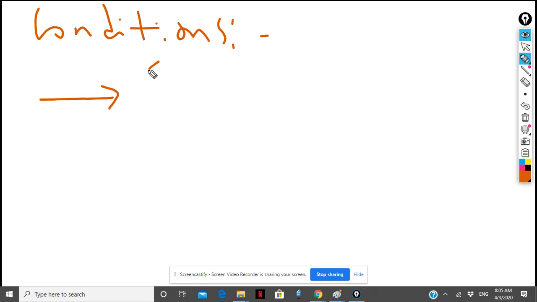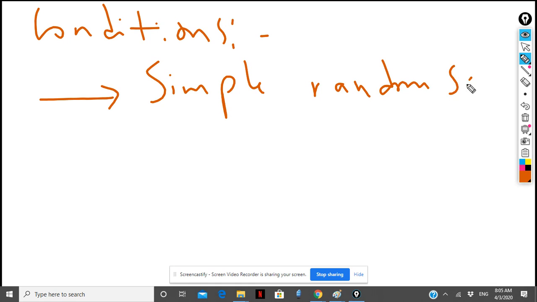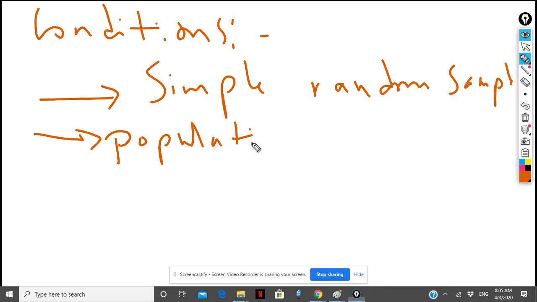First, a simple random sample. So the sample should be selected simply at random. Second, the population should be more than 10 times the size of the sample.